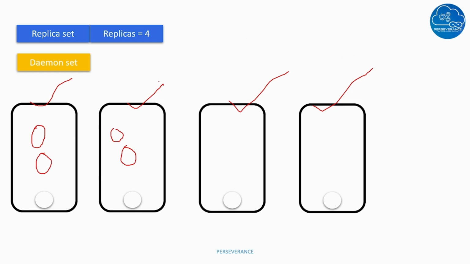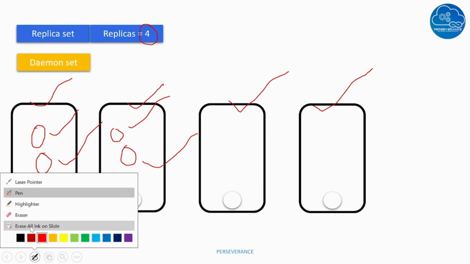It cares only about ensuring the number of replicas is always available. The number of replicas is 4 here, and that's fine for a replica set. It will not consider that it should run replicas on every worker node. The case is not like that.